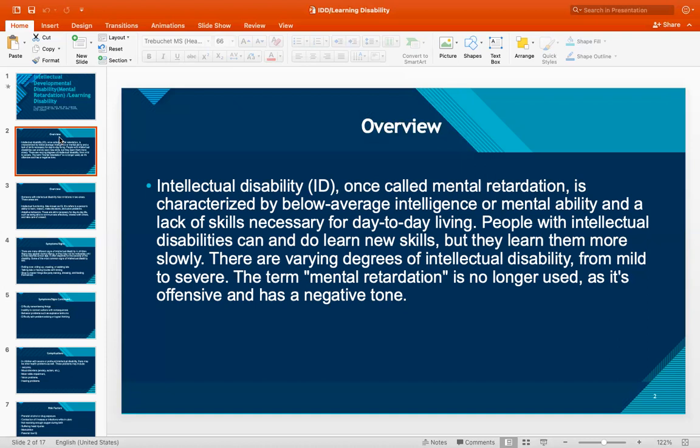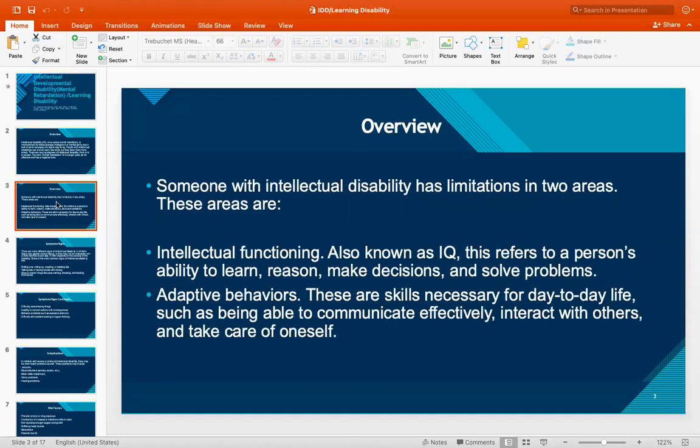Again, we just go from mild to severe when it comes to intellectual disabilities. For the most part, we don't use mental retardation because it has an undertone to it. It sounds very negative, and it could be offensive. So we don't use those terms anymore. We go with intellectual developmental disabilities, or ID, which is just intellectual disabilities.